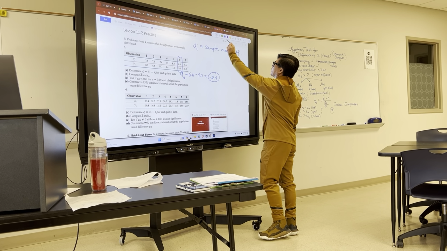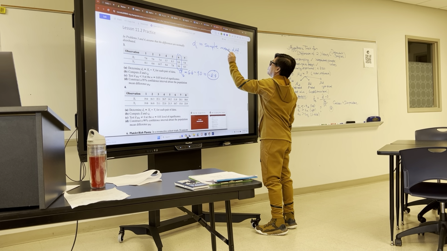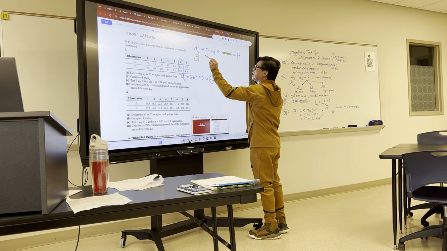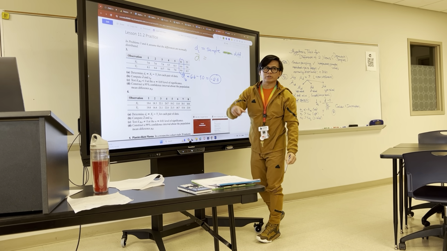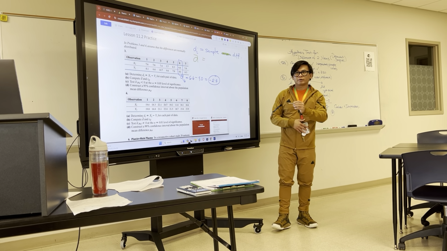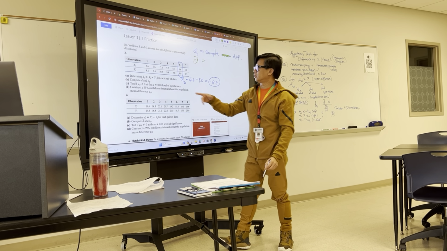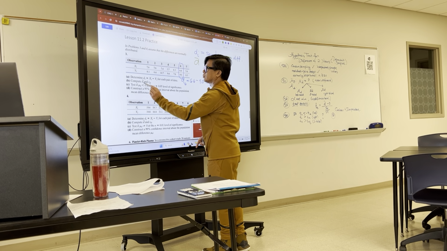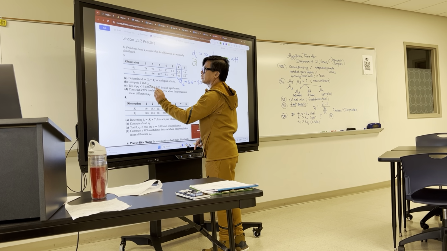Actually, Di is not the sample mean difference; it is just the sample difference. Now for D hat, let's read letter B. Compute the sample difference and the SD.